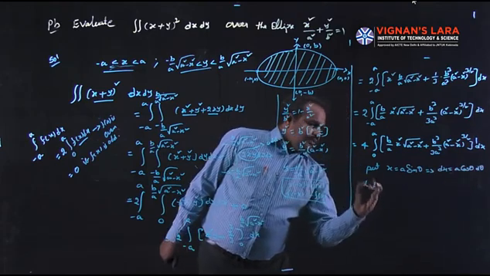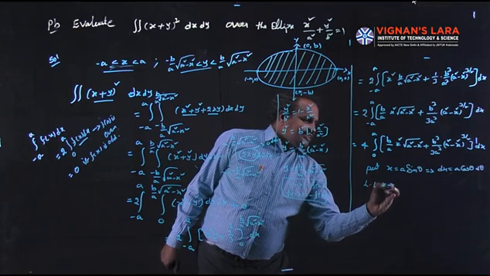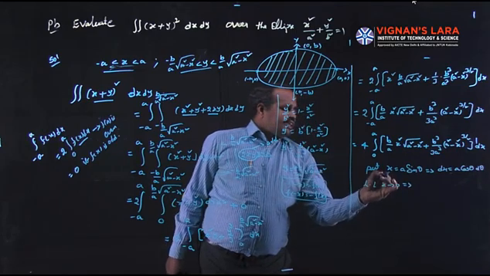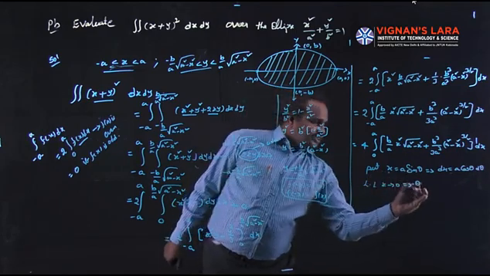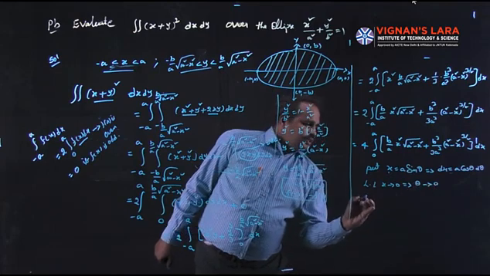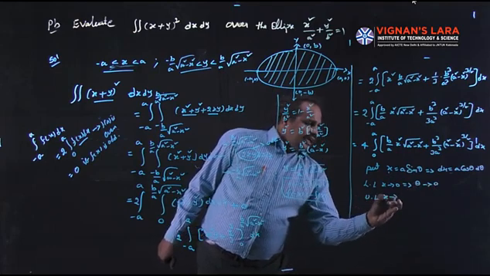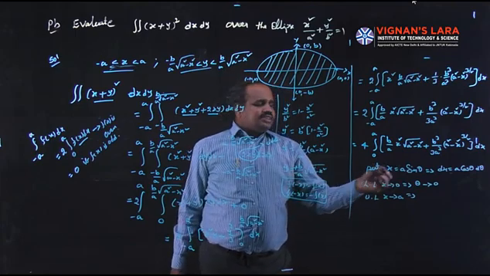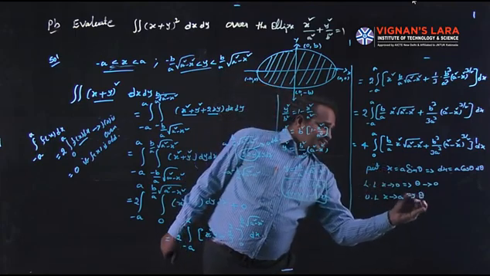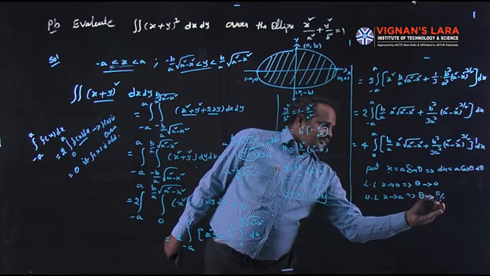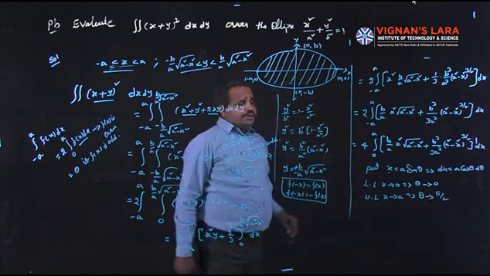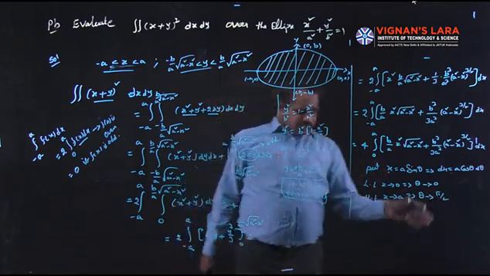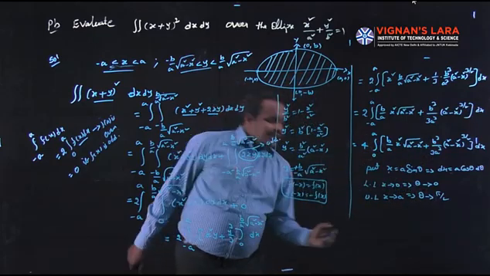Coming to the lower limit, x tends to 0, so sin theta is 0, that means theta reaches 0. Coming to the upper limit, x tends to a, in place of x write a, a getting cancelled, sin theta is 1. When sin theta becomes 1, theta reaches pi by 2. So limits changed, and you have to substitute all these values in that integral.